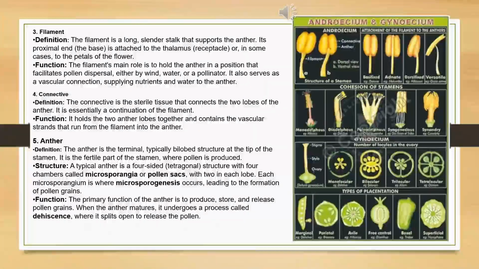The filament's main role is to hold the anther in a position that facilitates pollen dispersal, either by wind, water, or a pollinator. It also serves as a vascular connection, supplying nutrients and water to the anther.